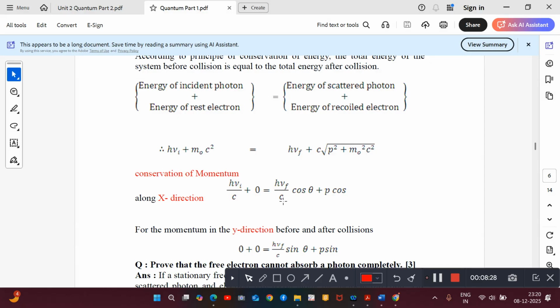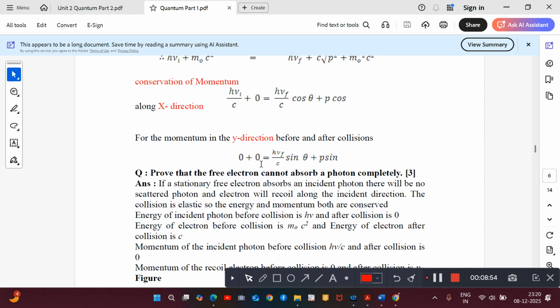Now here you must be careful because there are two components along x direction as well as y. So along x direction, since the photons are moving but electrons are not there, initially photon momentum is expressed as h nu I upon c plus 0, h nu f upon c cos theta plus p cos of theta. Here also it should be theta.